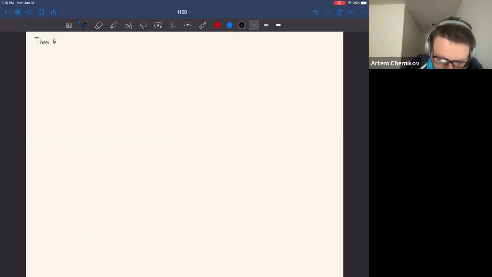So first of all, there was a theorem SIG3, which tells us how to determine the coordinates with respect to an orthogonal subset.